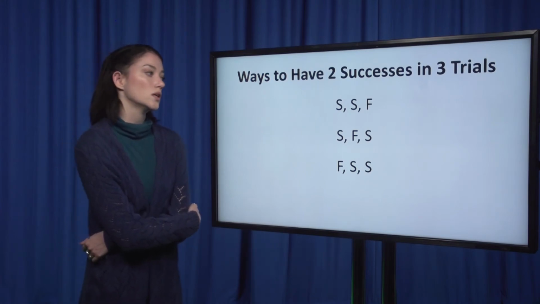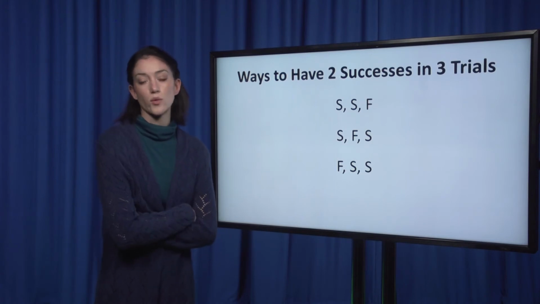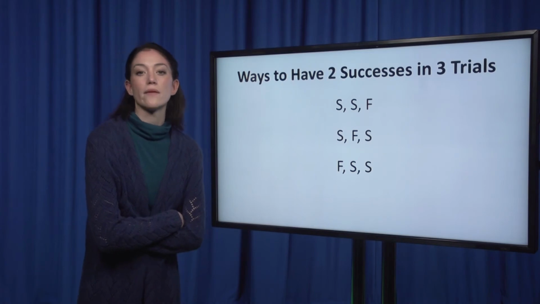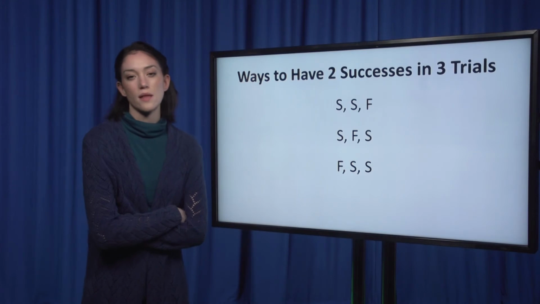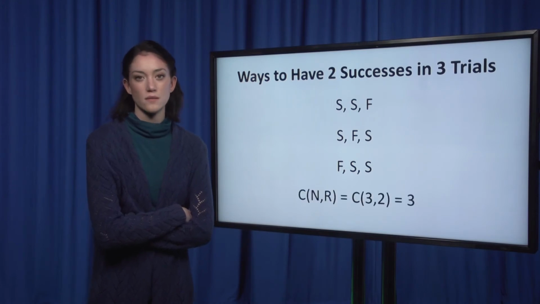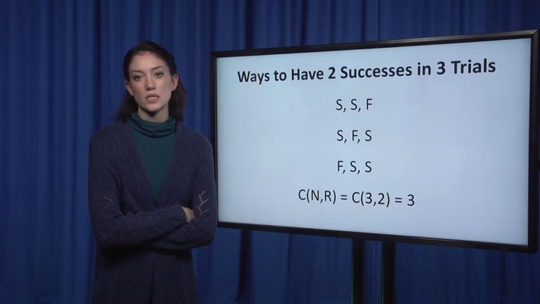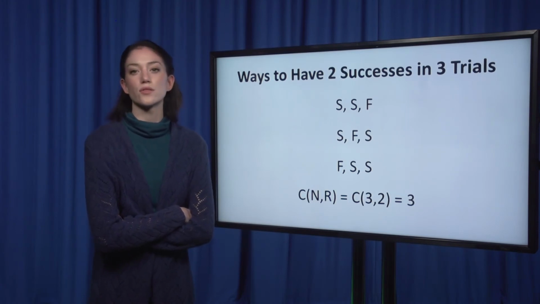As you can see, in each sequence there are 2 successes and 1 failure. The number of different sequences having R successes in N trials is called the number of combinations. In this example, there are 3 combinations for a sequence having 2 successes out of 3 trials.